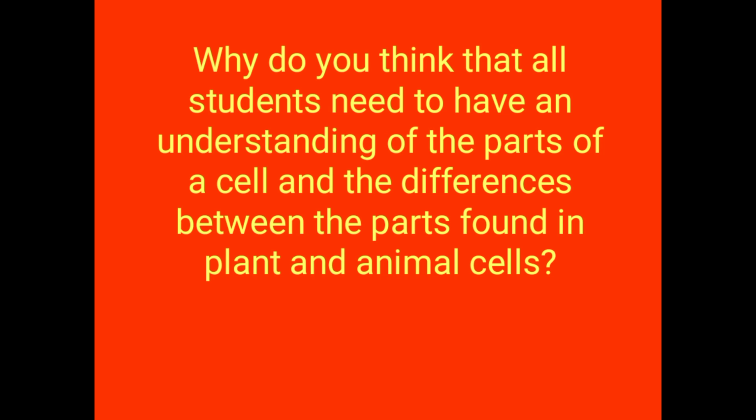Now the question arises: why do you think all students need to understand the parts of a cell and the differences between the parts found in plant and animal cells? Yes, of course, it is very essential for us to differentiate between plant and animal cells and to know about their parts, what functions they perform, how a cell regulates itself and reproduces, and how plants are different from animals.